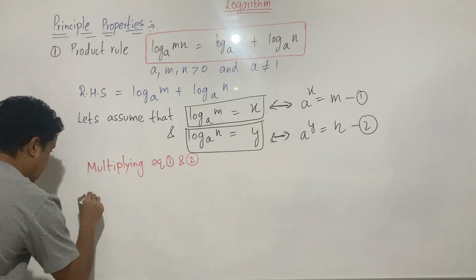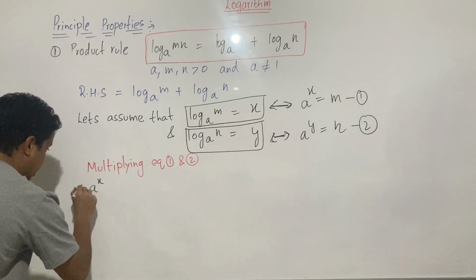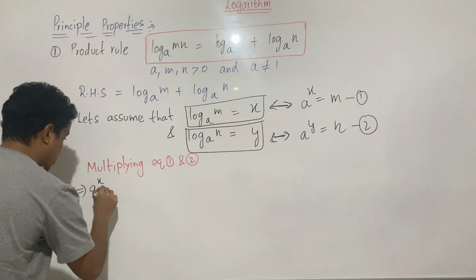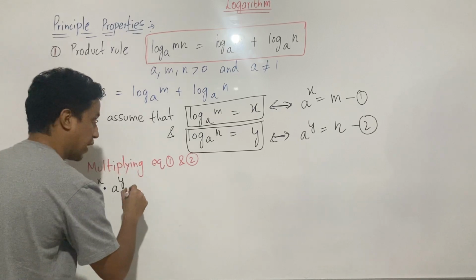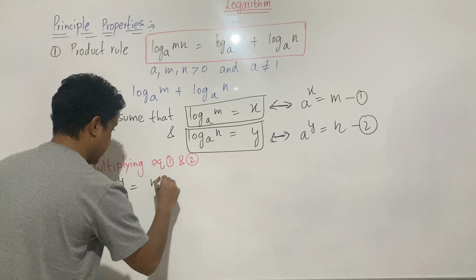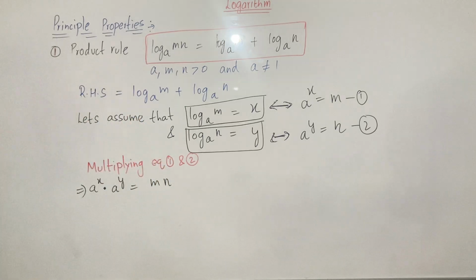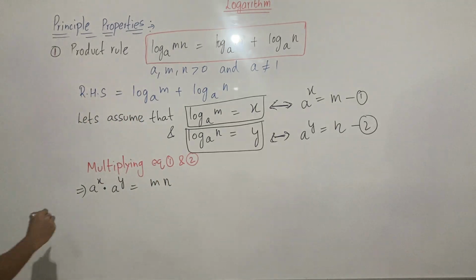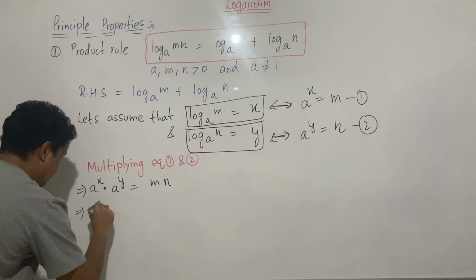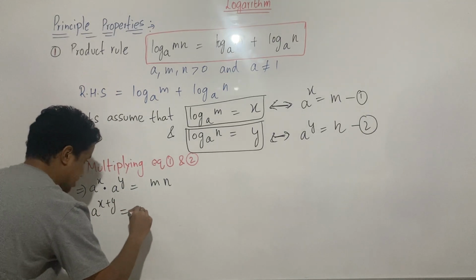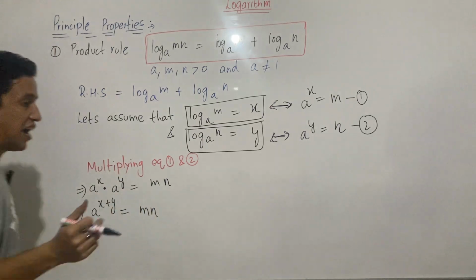Here, a to the x multiplied by a raised to the y equals mn. So a to the x plus y equals mn. Now, why did I do that?